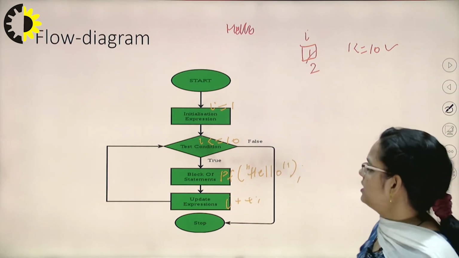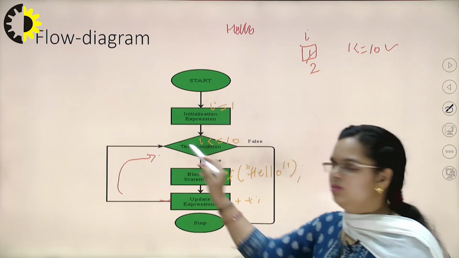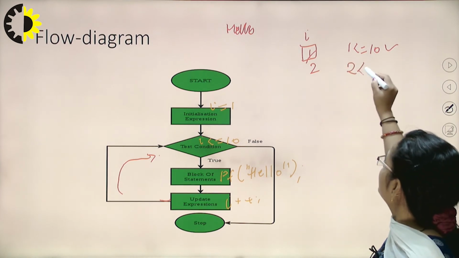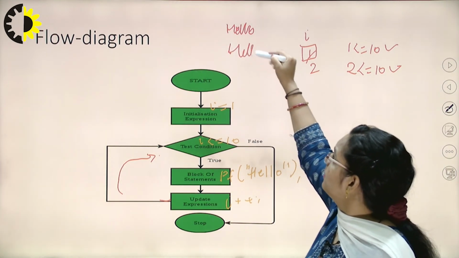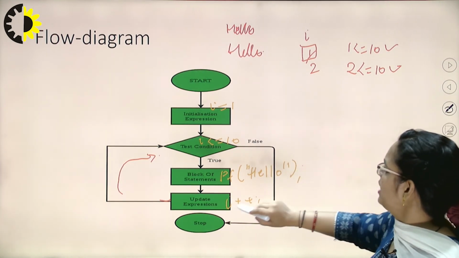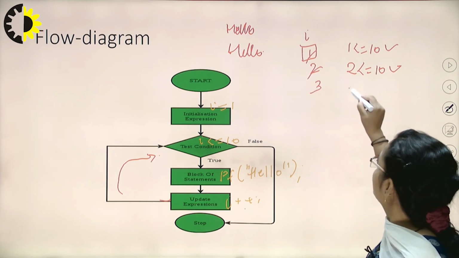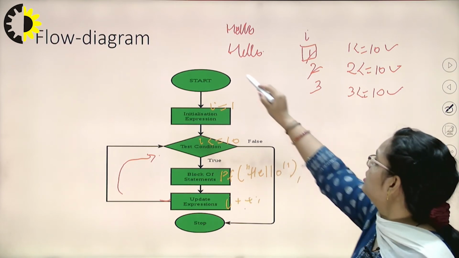Now in the next step I would become 2. Then the control moves towards the test condition. Again it will check is 2 less than equals to 10, the condition is true, then the hello would be printed. Again the I plus plus updation is there, I would become 3, and 3 is less than equals to 10, the condition is true, hello is printed.